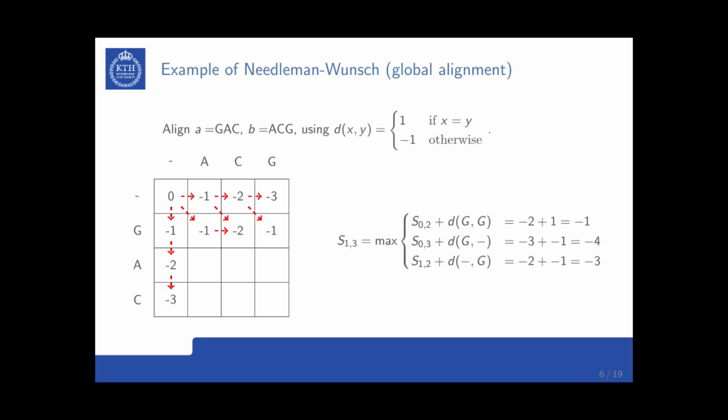So the last element in the same row, S13. Let's take the element S02 and add a match score, in this case between G and G. That's -2 plus 1, which equals -1. We as well have the possibility to move to this position from above. So it's S03 plus a gap penalty. So that's -3 plus -1, that's actually -4.